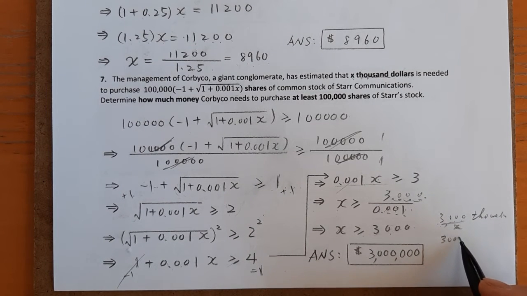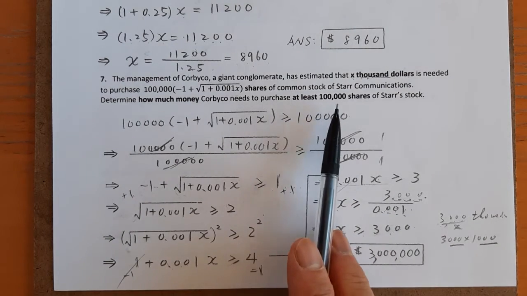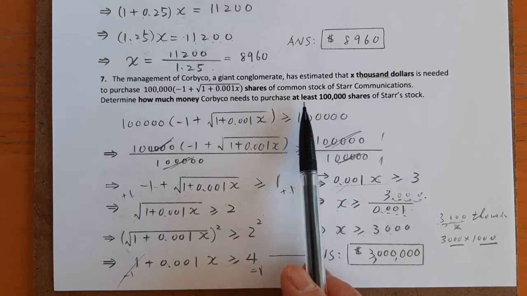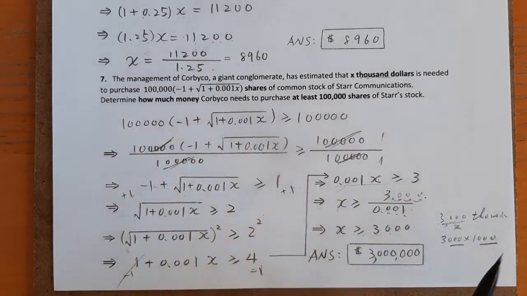That is 3,000 times 1,000, which totals 6 zeros, so it's $3 million. At least $3 million is the minimum you need.